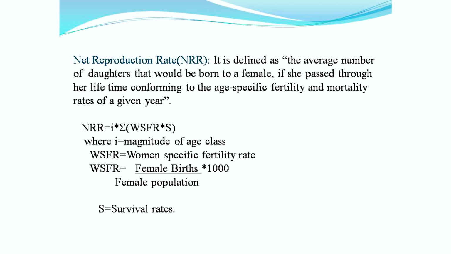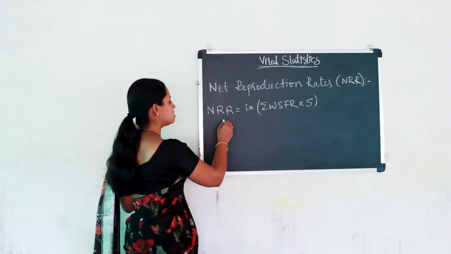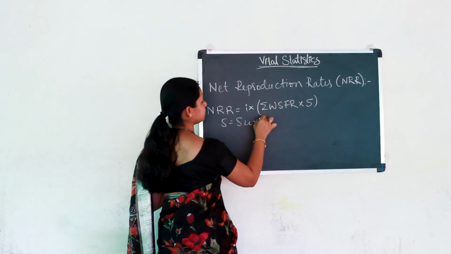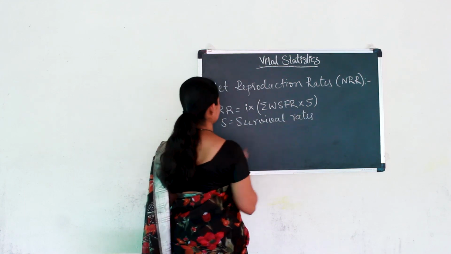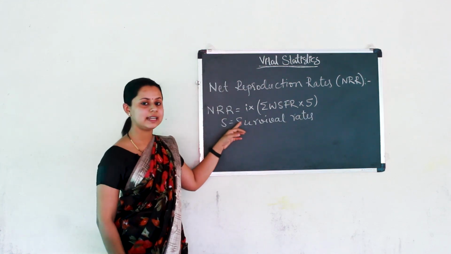Here S is the survival rate and i is the magnitude of the class.